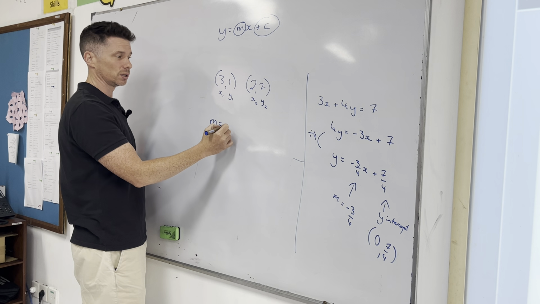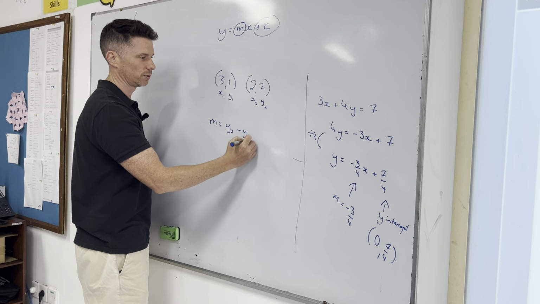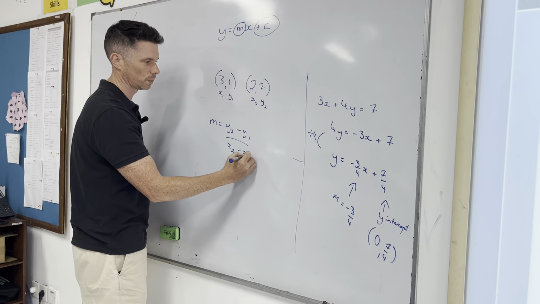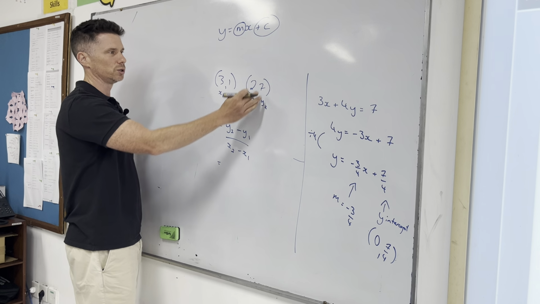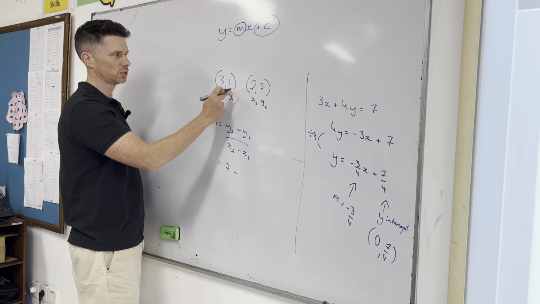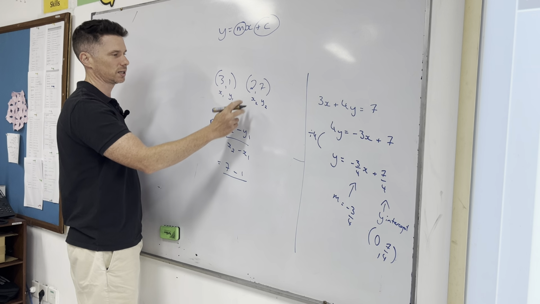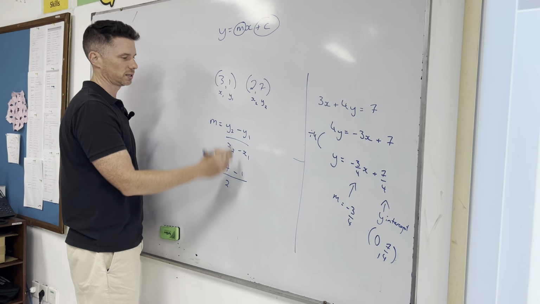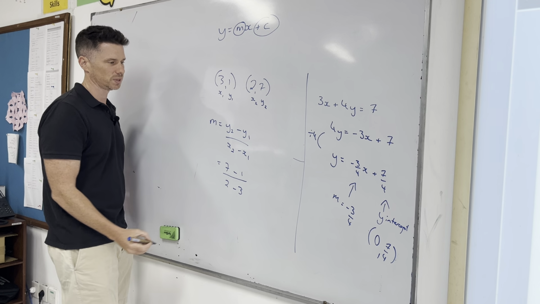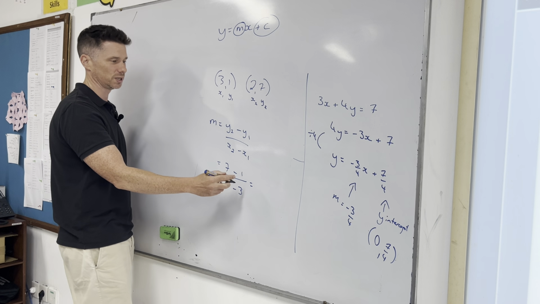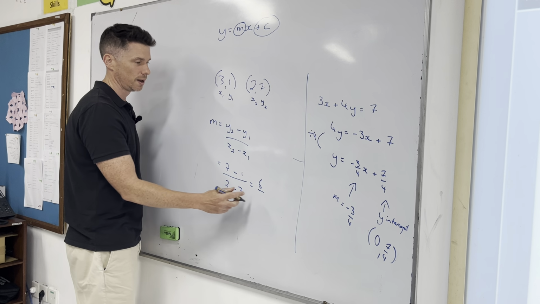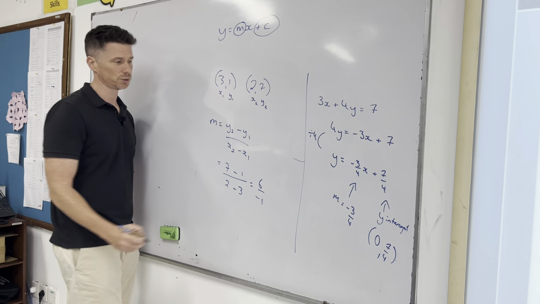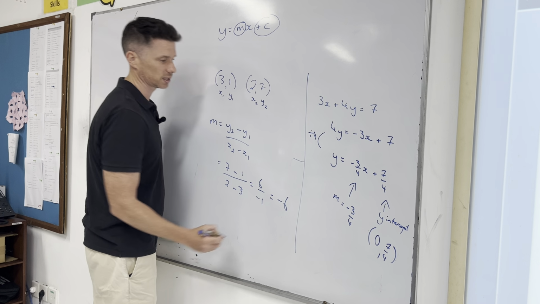So the gradient is found using this formula. We do y2, which is 7, minus y1, which is 1, over x2, which is 2, minus 3. So my gradient is going to be 6 in the numerator, minus 1 in the denominator, which means my gradient is minus 6.